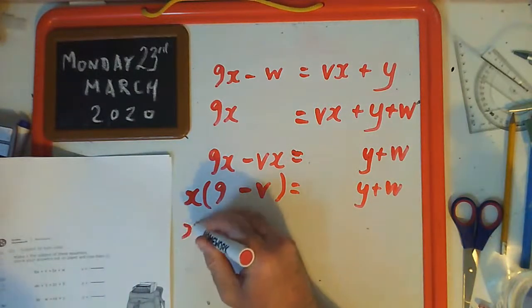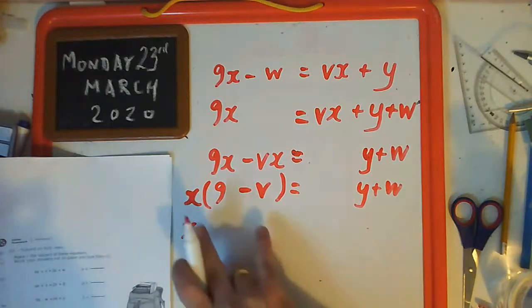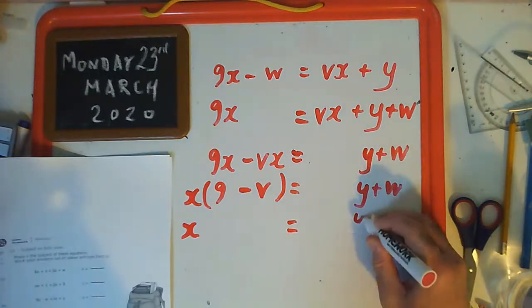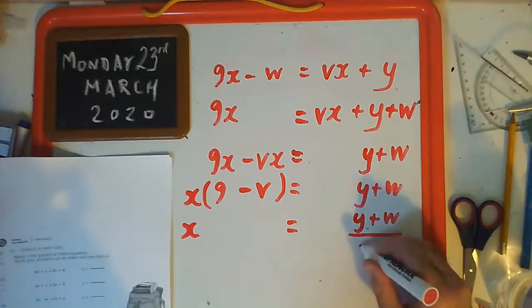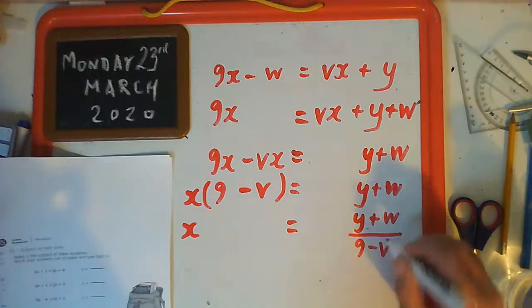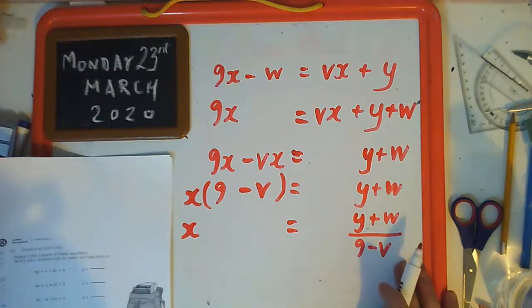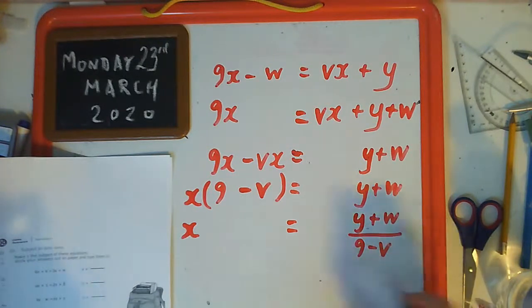So I'd quite like the x on its own, so I'm dividing by everything that's in that bracket. And if I divide both sides by the bracket, so I'm dividing by 9 minus v on the left to make the bracket disappear, but I'm also dividing by 9 minus v on the right, so that I get y plus w divided by 9 minus v.